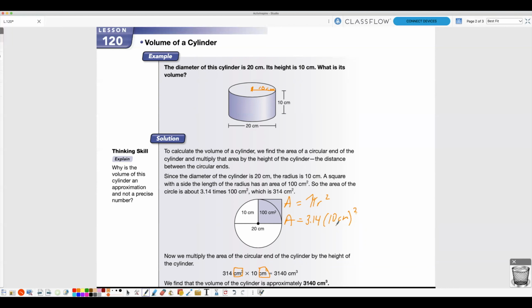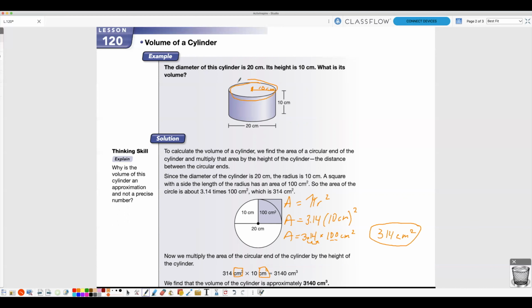So the order is parentheses and exponents, so we have 100 centimeters squared. Now that's going to be times 3.14. And if you recall from previous lessons, if you're multiplying by 100, you can just move the decimal to the right 2 places. So that would be the same as 314 square centimeters for the area of just the circle.